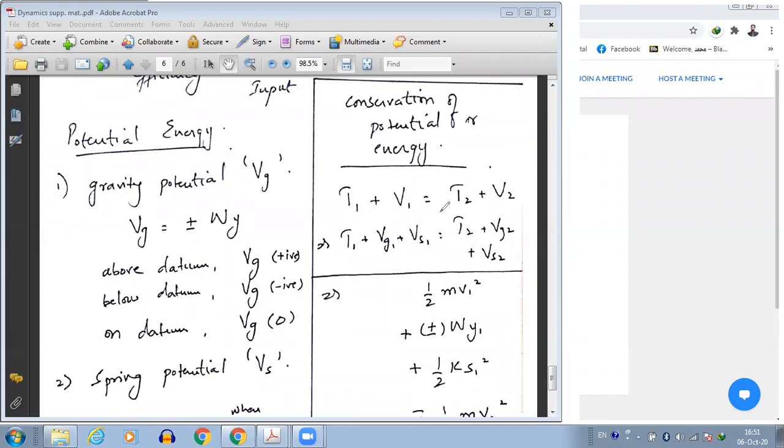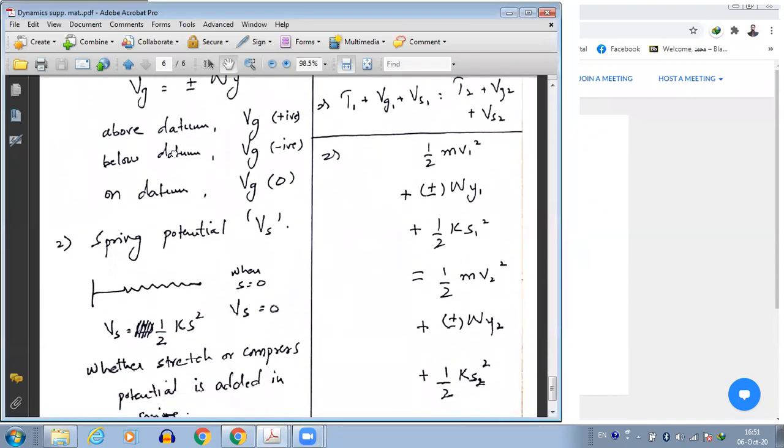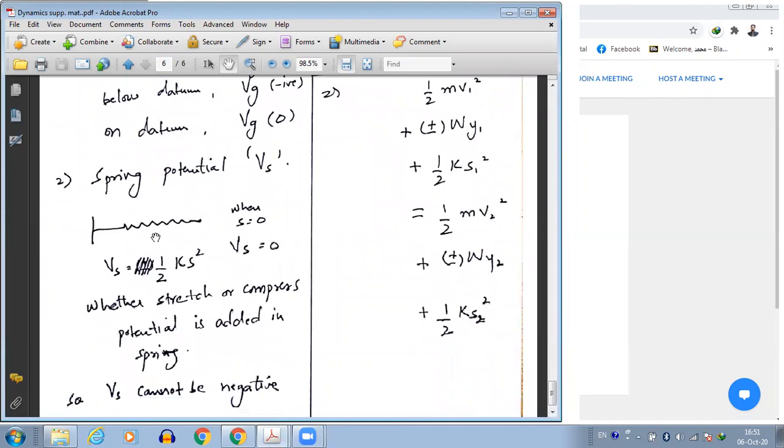Okay, let's move ahead. So this is one kind of potential energy, gravity potential. Now, let's talk about another kind of potential energy, which is the spring potential. Suppose I have a spring, and suppose the spring is unstretched. I mean, the spring is in its original condition. No force has been applied onto it. So the S is 0. S is the stretch, right?